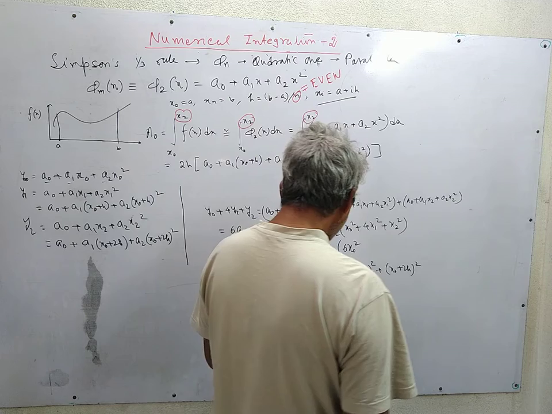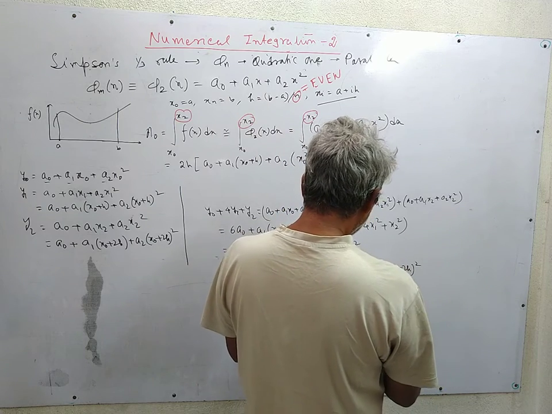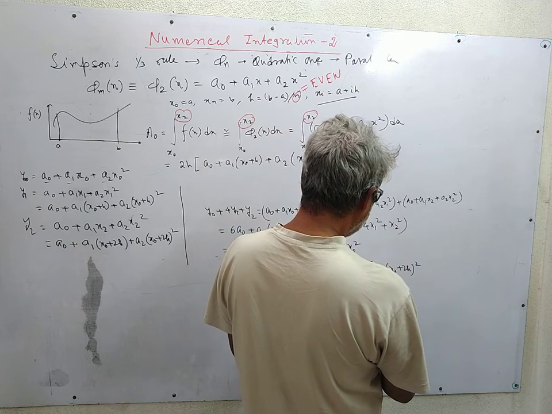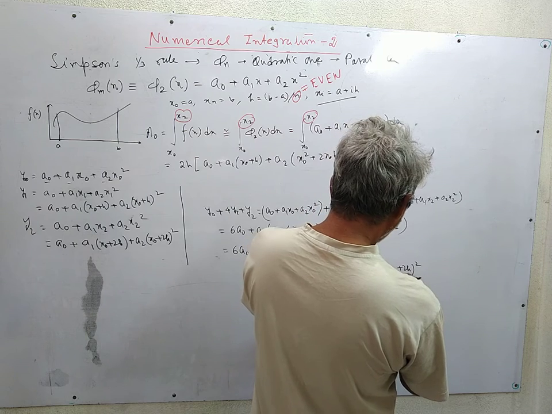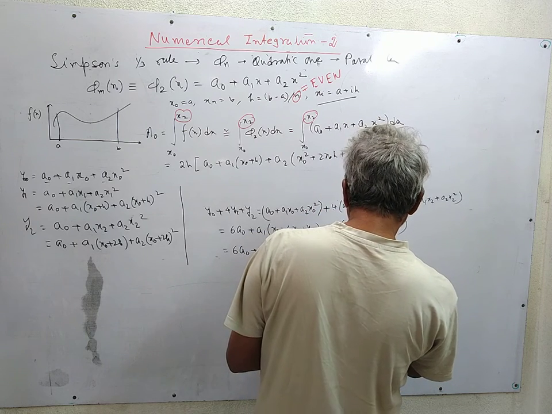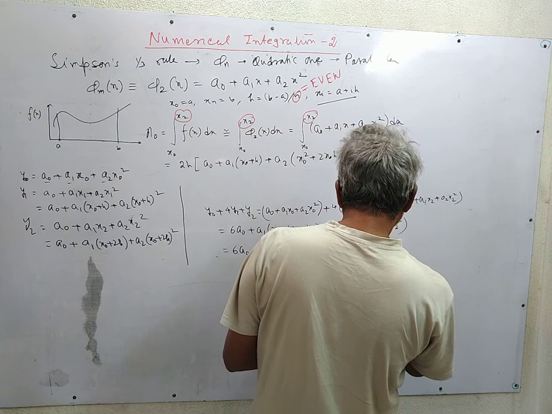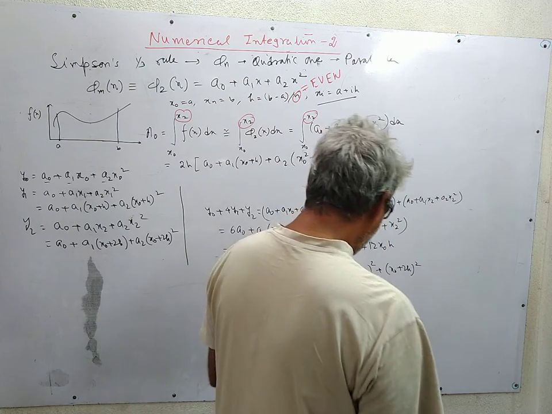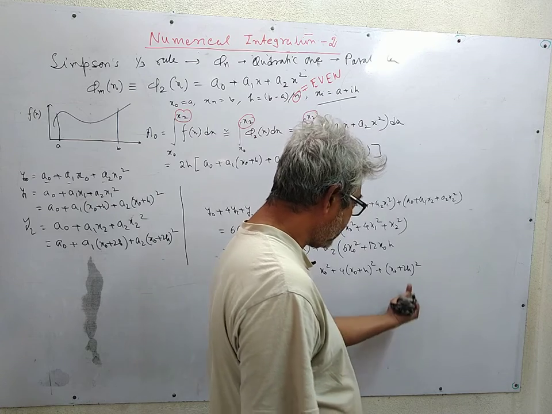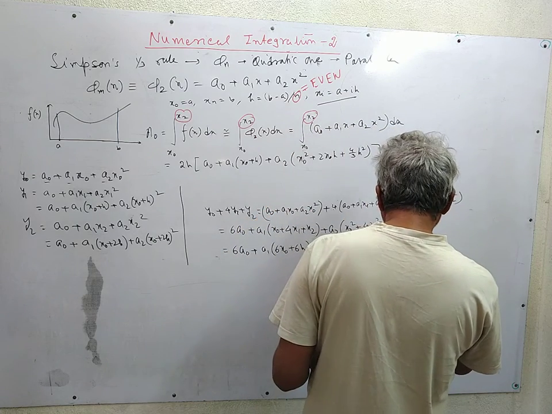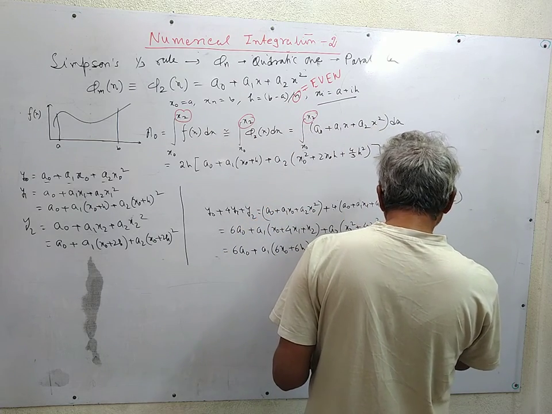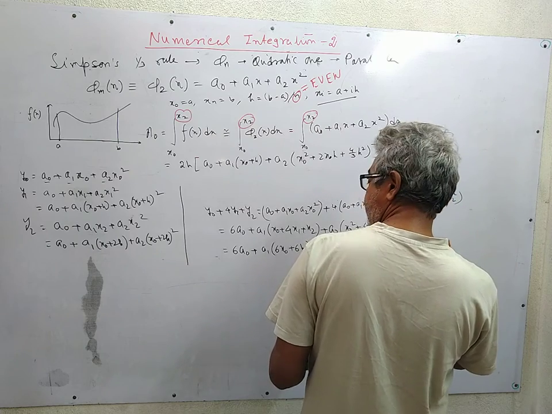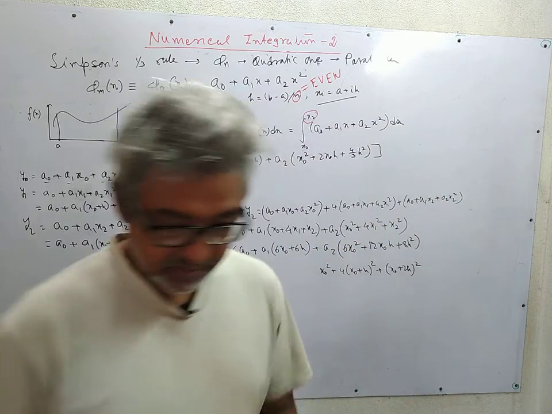Then x0h, there are 8x0h and plus 4x0h, so this is 12x0h, and h square, there are 4h square and there is again 4h square, so 8h square.